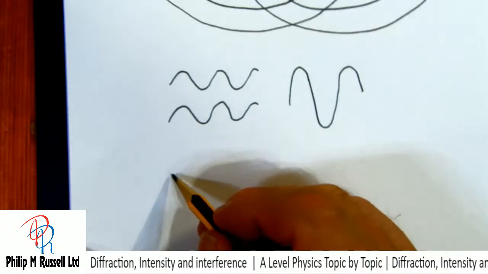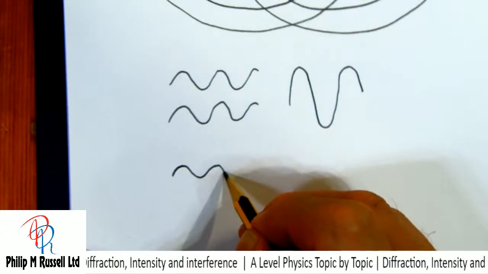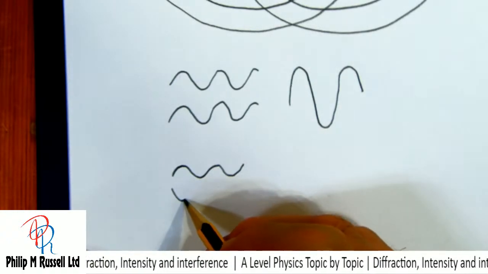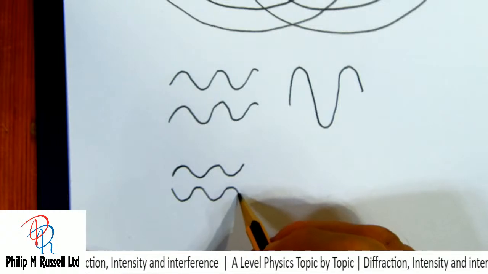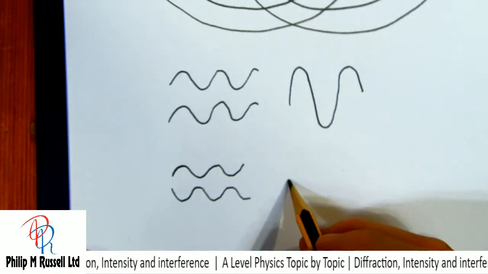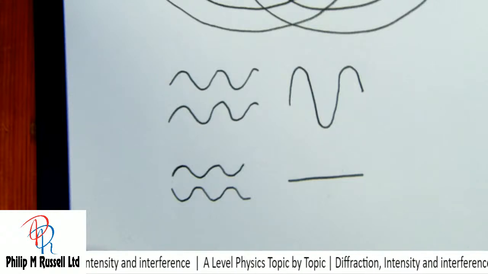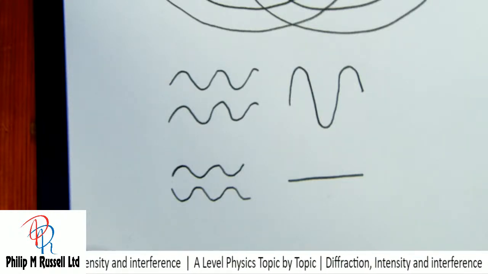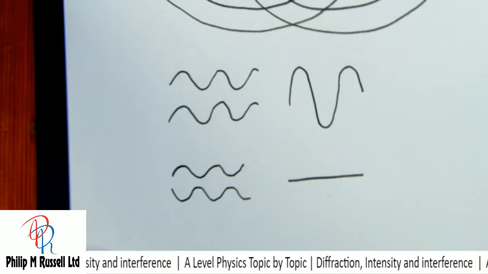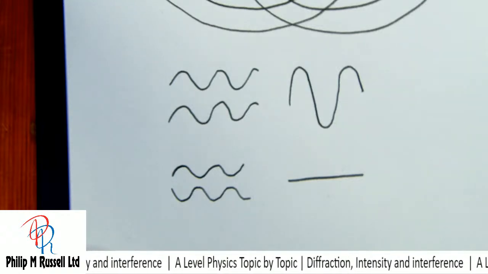Where we have this wave meeting its opposite, then it gets cancelled out. And this we call two-slit interference.